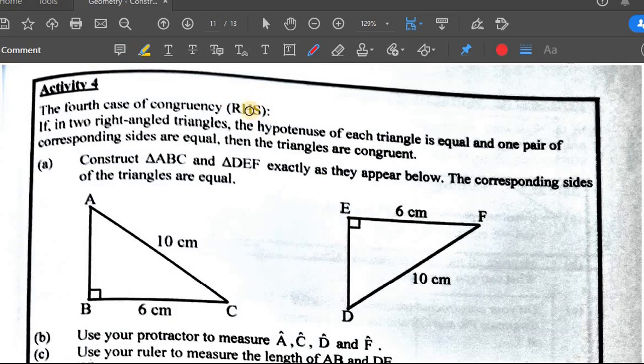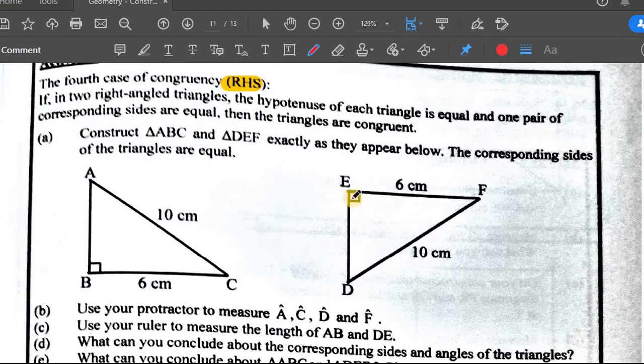Fourth case, right angle, hypotenuse. Right angle triangle, hypotenuse, and a side. What is my hypotenuse? It's opposite my right angle. So opposite my right angle, this here is my hypotenuse, and I can see that the hypotenuse is the same.